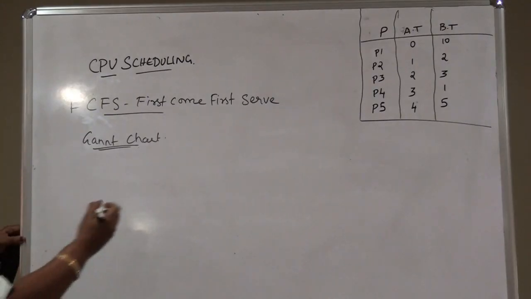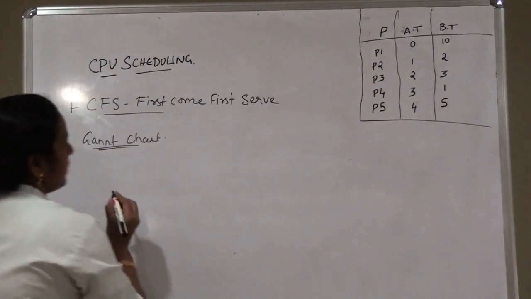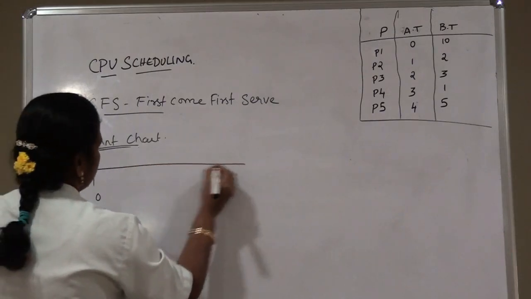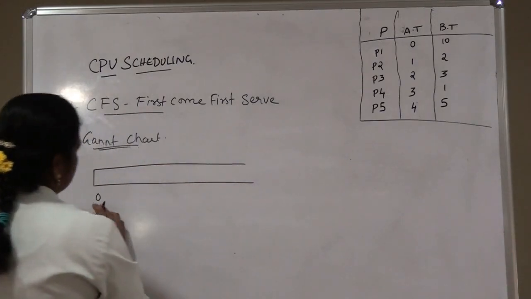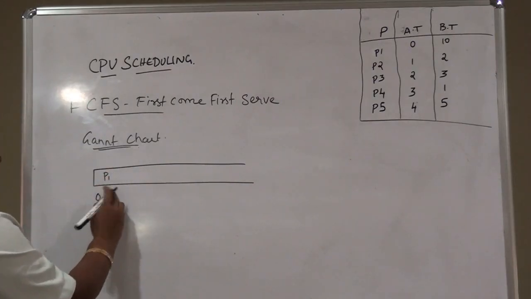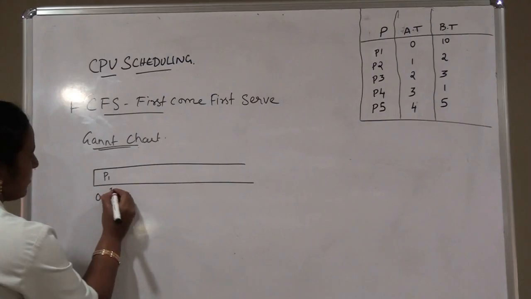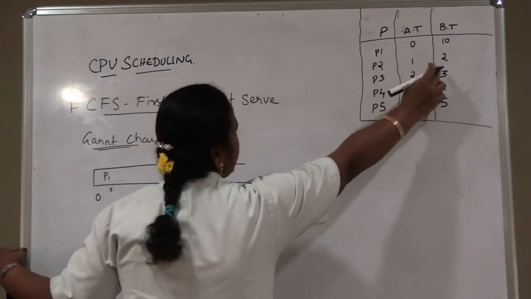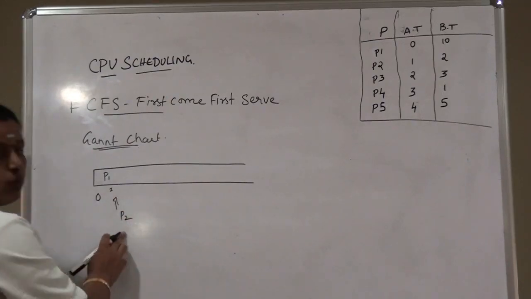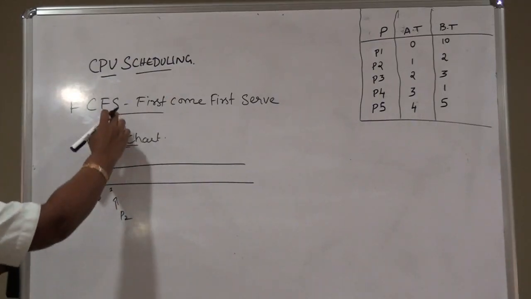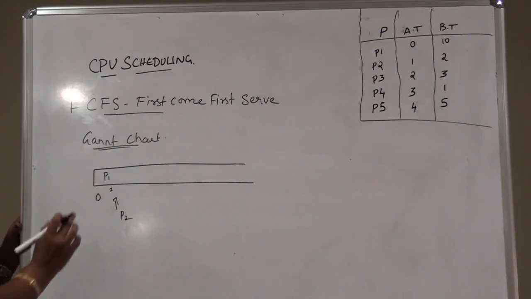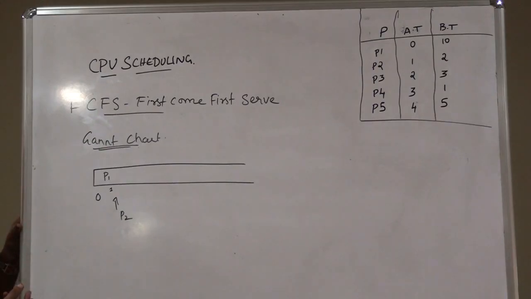At time 0, process P1 enters, so in the chart I take 0 as the start. After 1 millisecond, process P2 arrives. But by First Come First Serve, the first process which enters must complete its execution.